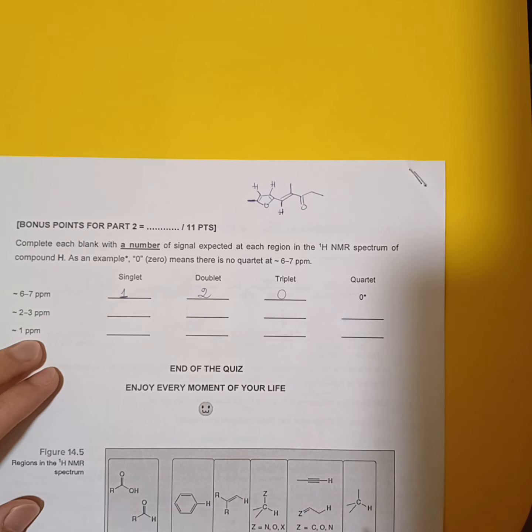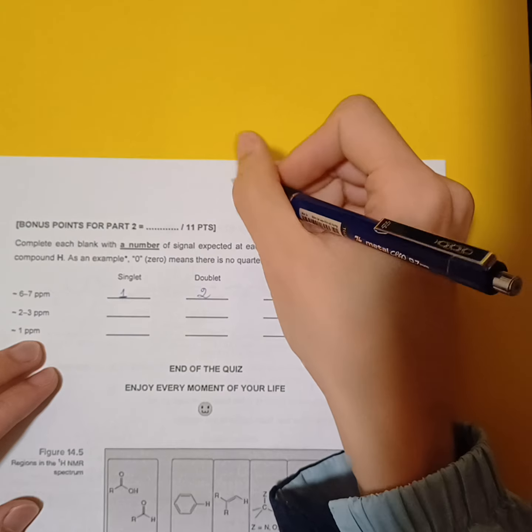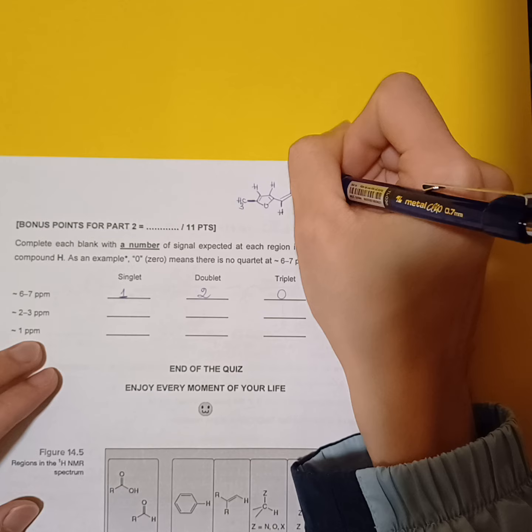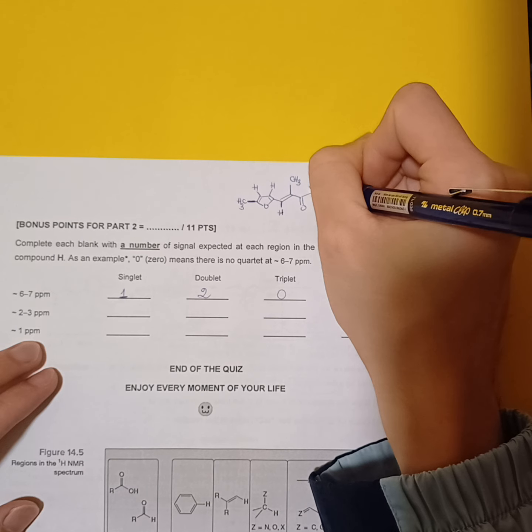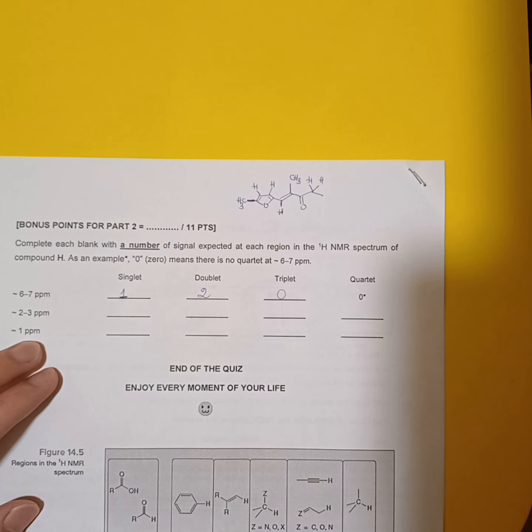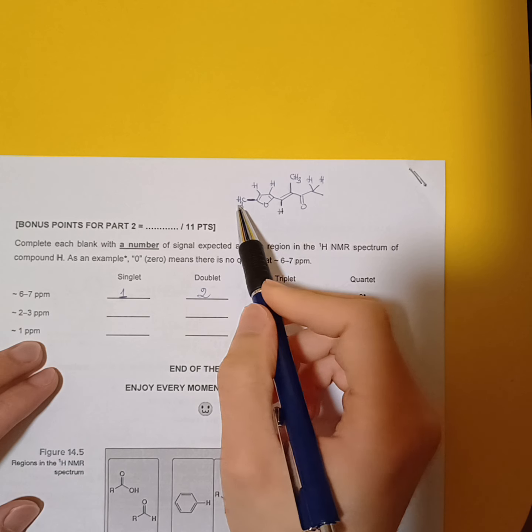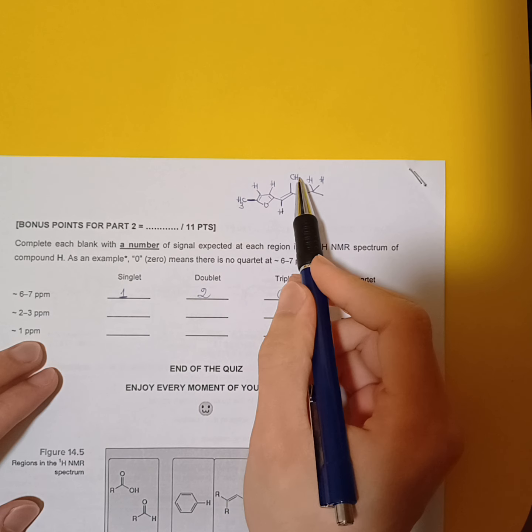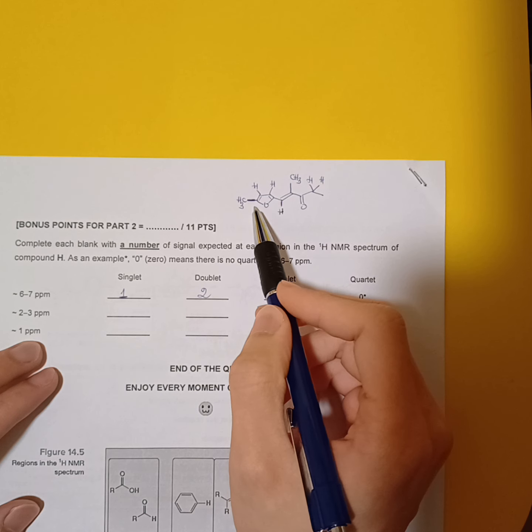For the region 2 to 3 ppm, it means that we have protons attached to maybe the allylic carbon or the alpha carbon next to the carbonyl group. So we have this proton, right? So this proton and this proton, we don't have any neighboring protons next to them.